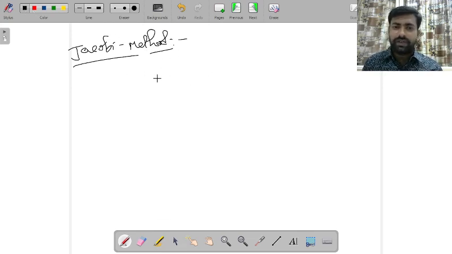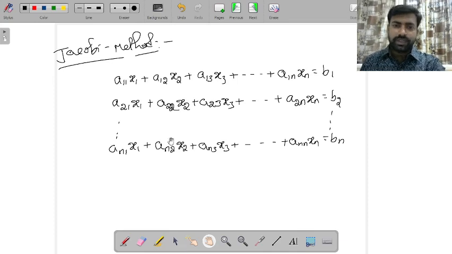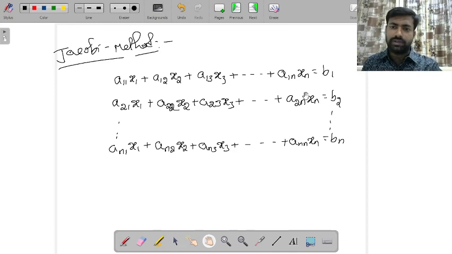Let's say you are given a set of linear equations, n equations with n unknowns: a11 x1 plus a12 x2 plus and so on. You arrange this linear system in such a way that it is diagonally dominant.